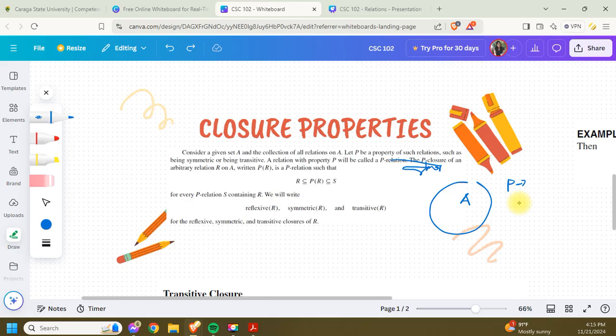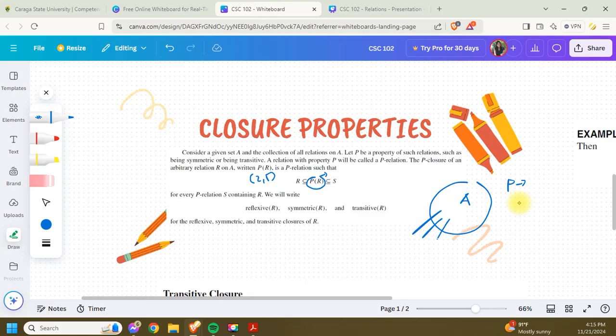P is the property. So this property could be, so you have here your R relation. This is your relation set. It is a subset of PR. PR is whether it is transitive or reflexive, given a set S. So, for example, in here, we were talking about A. So this is, for example, your set, and then you have a relation.